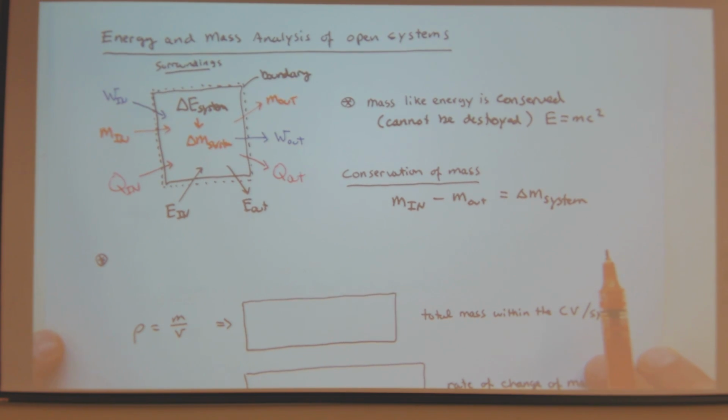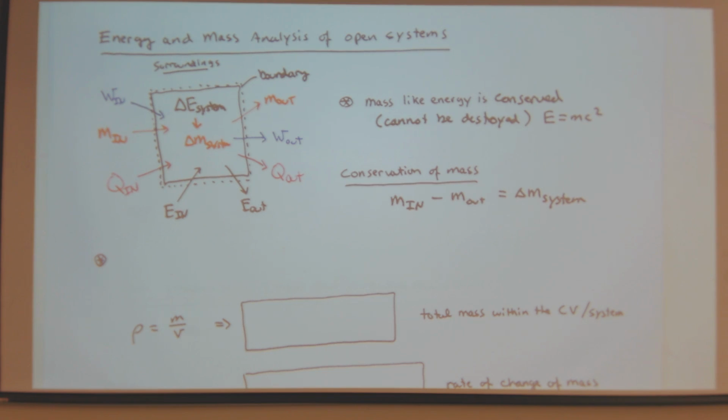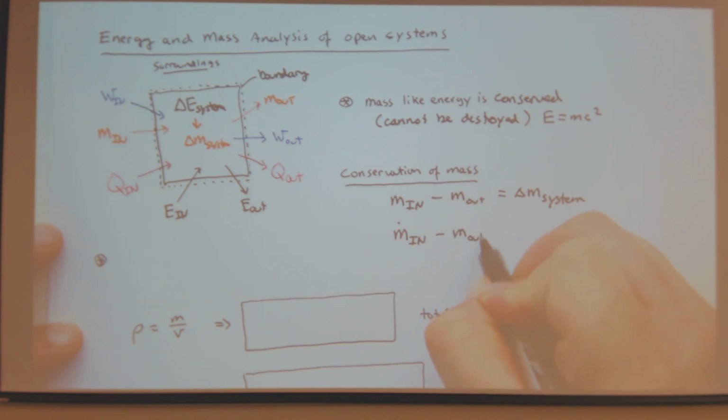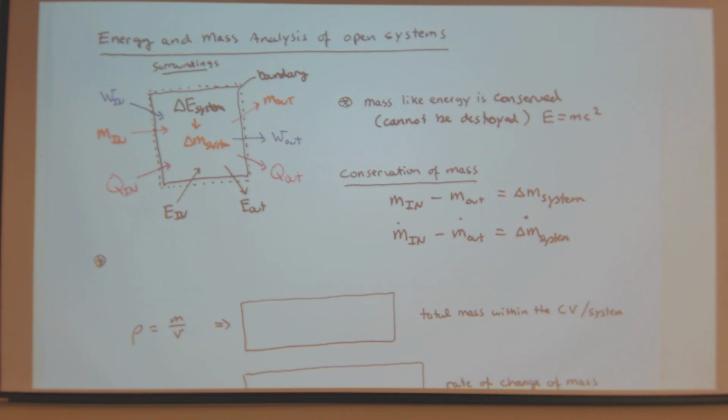And of course, I can write this in rate form. Mass in dot minus mass out dot equals delta mass system dot.